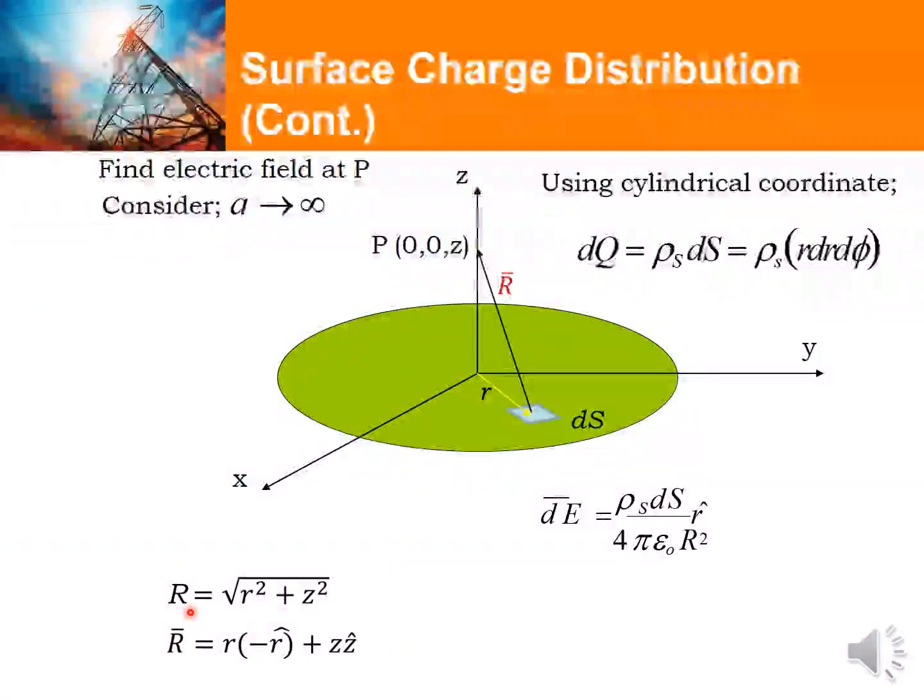And the magnitude would be given as R equivalent to the square root of r squared plus z squared.